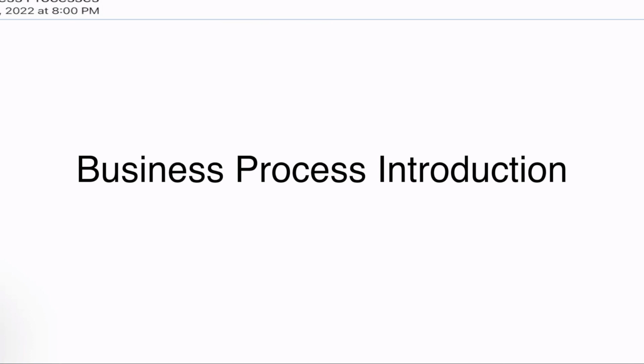This is what I intend to do in this video: just give you some bits about the business process. We're not going to go deep into detailing it. I'm just going to describe some of the high level things about the business process and also use this in context with scoping out a business architecture.